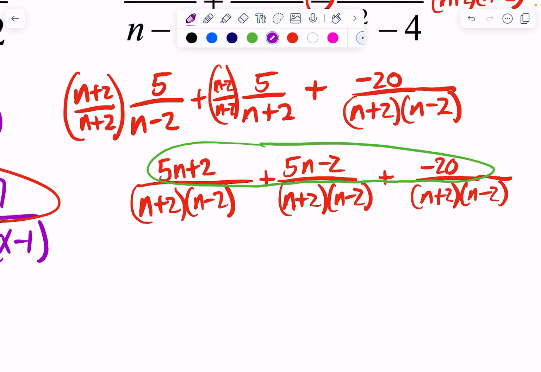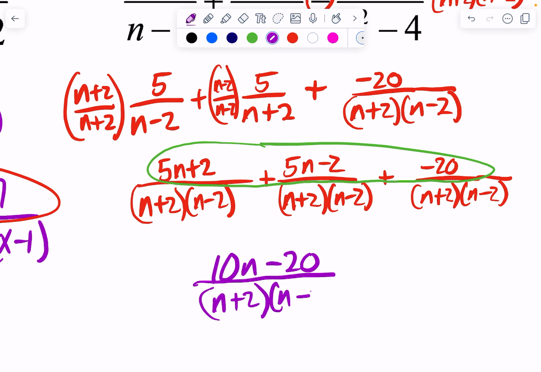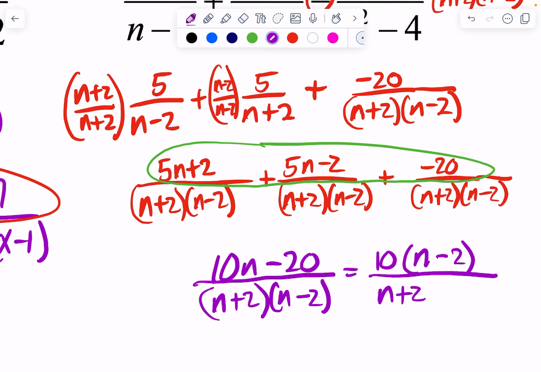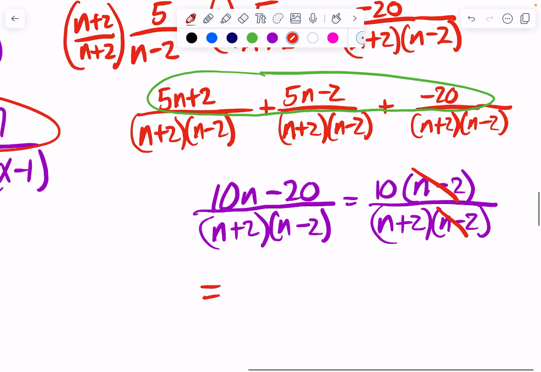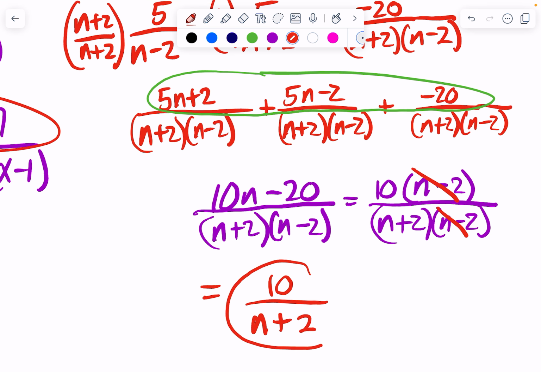So I've got 5n plus 5n is 10n. 2 minus 2 cancels out, so I'm left with 10n minus 20 over n plus 2, n minus 2. I can factor out a 10 here, rendering me with 10 times n minus 2 over n plus 2, n minus 2. The n minus 2's cancel, and I am left with 10 over n plus 2.